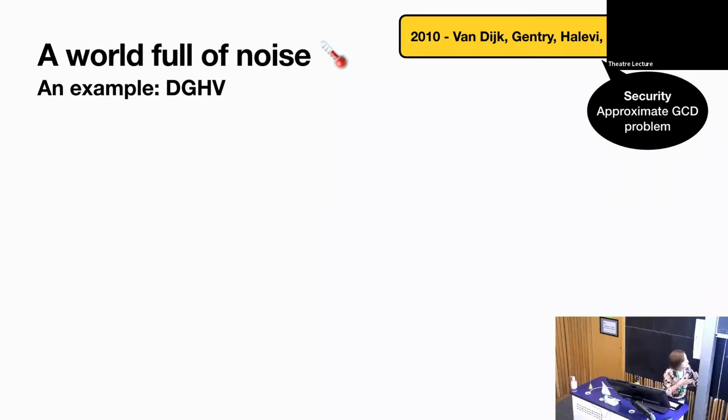It's a scheme that I find very nice, easy, and intuitive for explaining homomorphic encryption. The basic version encrypts bit messages, but it can be extended to integer messages. You choose as a secret key P, a large odd integer.